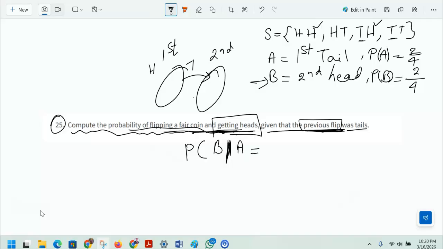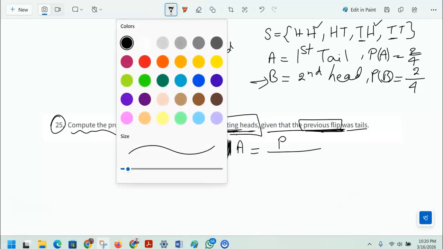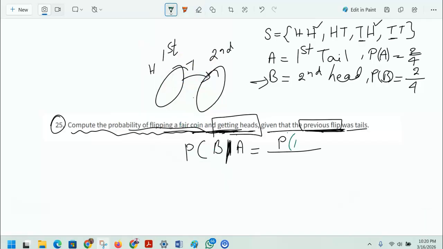Now this could be written by conditional probability: the top one is the probability of B and A, and the bottom is the probability of A.